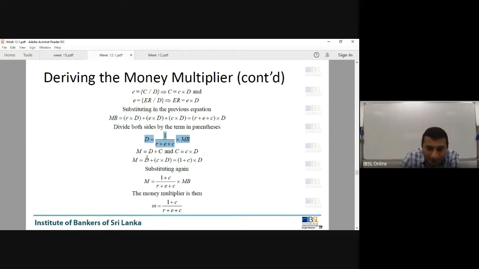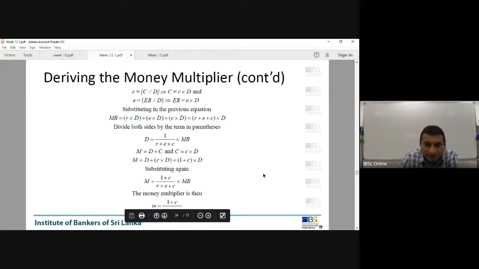So you can again replace this C with ratio times D: D plus small c, that is currency ratio, times deposits, and take out the common variable, 1 plus c times D. So 1 plus c times D is what you get for M here.